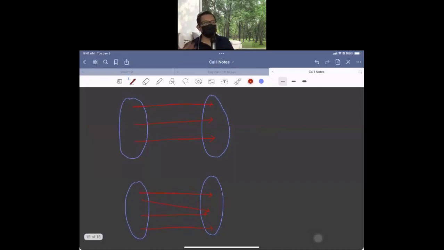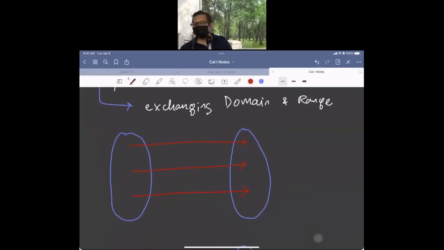Okay, now both are functions. Both are okay as a function, but we say the first one here is exactly from the left side, from the left domain, they are going to the other element exactly one by one.